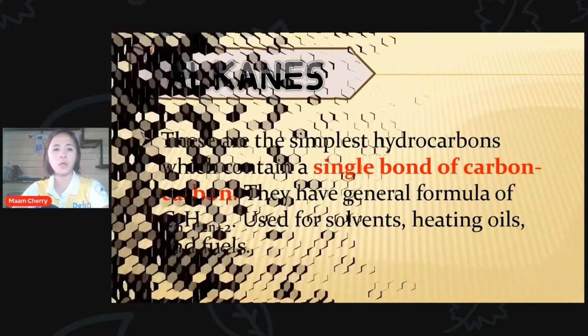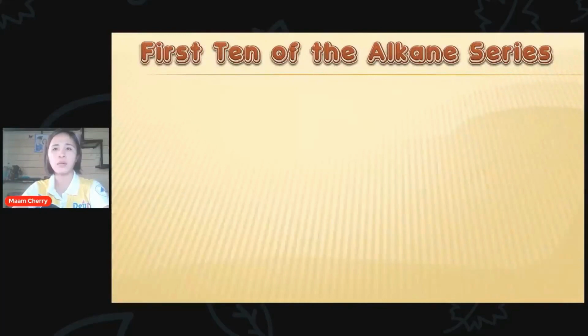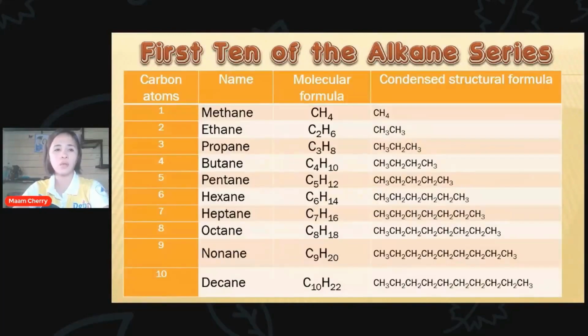Ito po yung first 10 of the alkane series. First 10 pa lang yan. So, methane, ethane. Tandaan natin kapag example ng alkane, ang dulo niya is ANE.